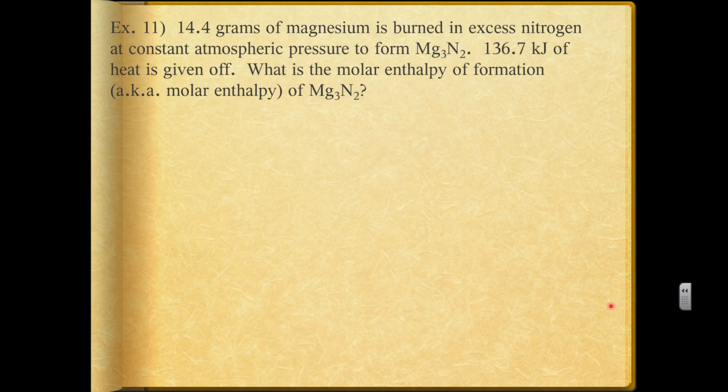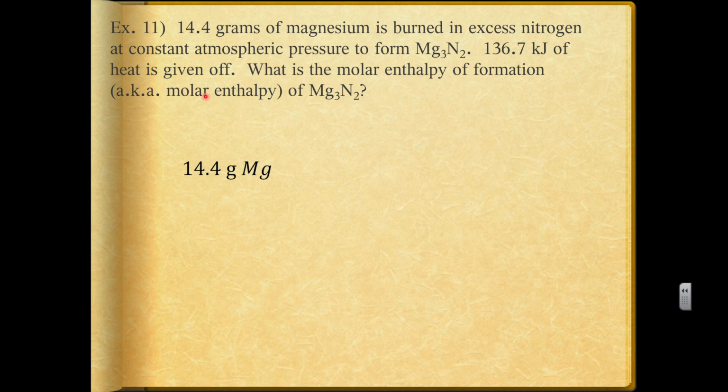All right, last question, I believe. 14.4 grams of magnesium is burned in excess nitrogen at constant atmospheric pressure to form Mg3N2. 136.7 kilojoules of heat is given off. What is the molar enthalpy of formation, aka the molar enthalpy, of Mg3N2? Well, let's just start with what we know.